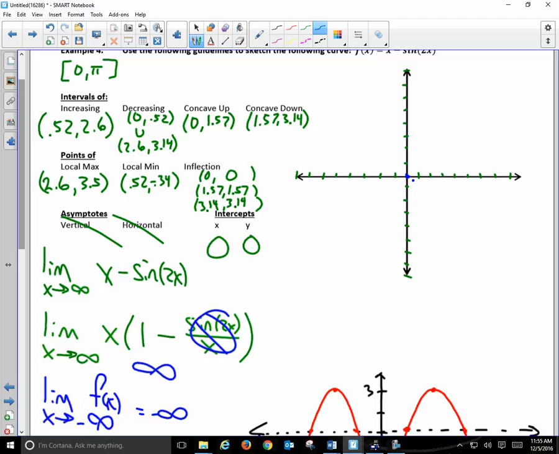I have inflection at 1.57. Then I have a max at 2.6, 3.5. And then I have another inflection point at 3.14, 3.14. So this is my local min, inflection.